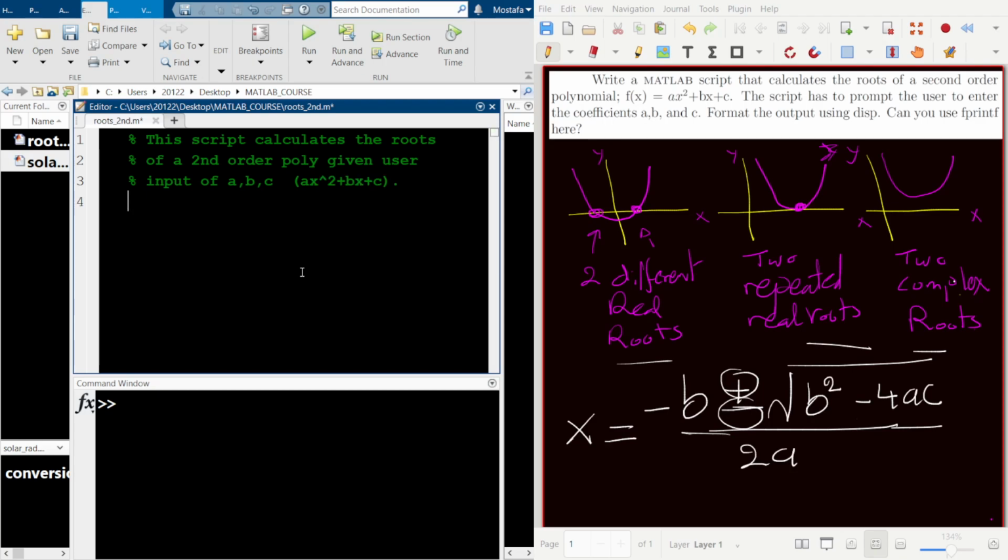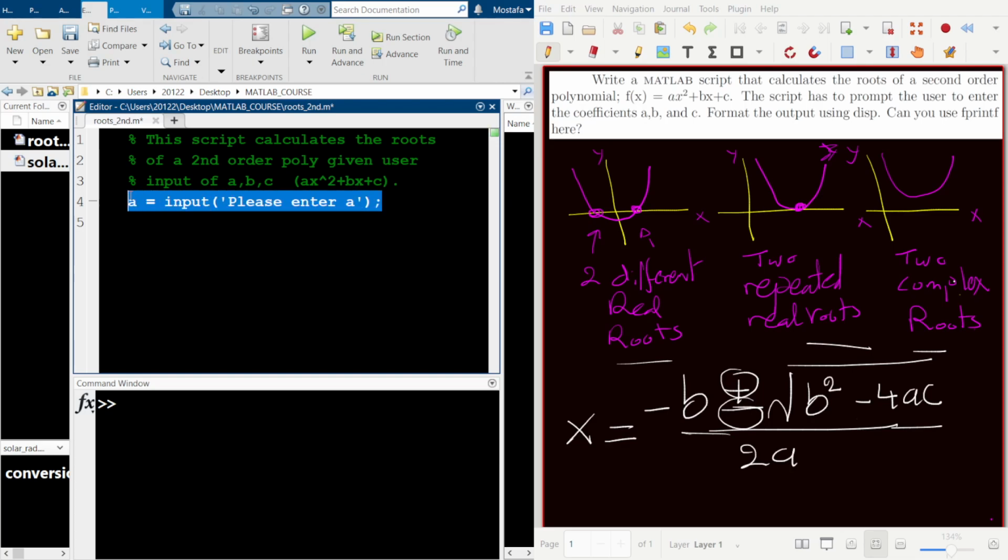All right, so let's actually start by getting the input from the user using the input command as we have learned. I would say that a equals input, and then I can give a message to the user, please enter a. Let me put a semicolon here to avoid rewriting it to the screen.